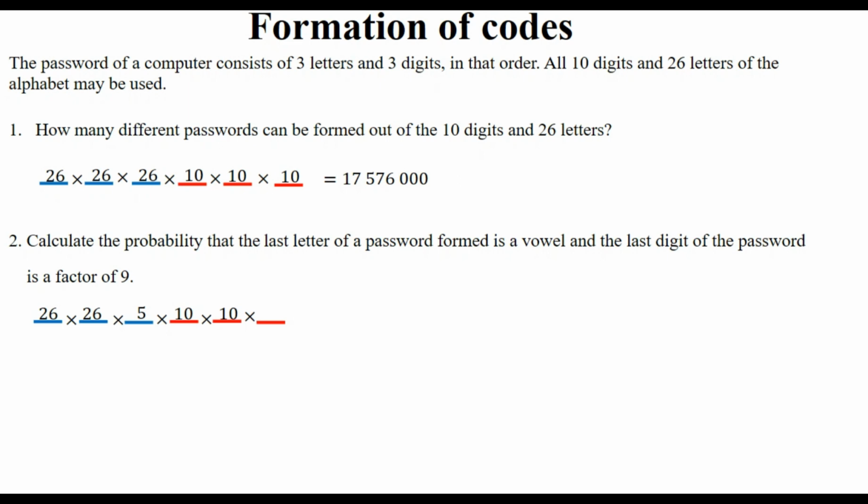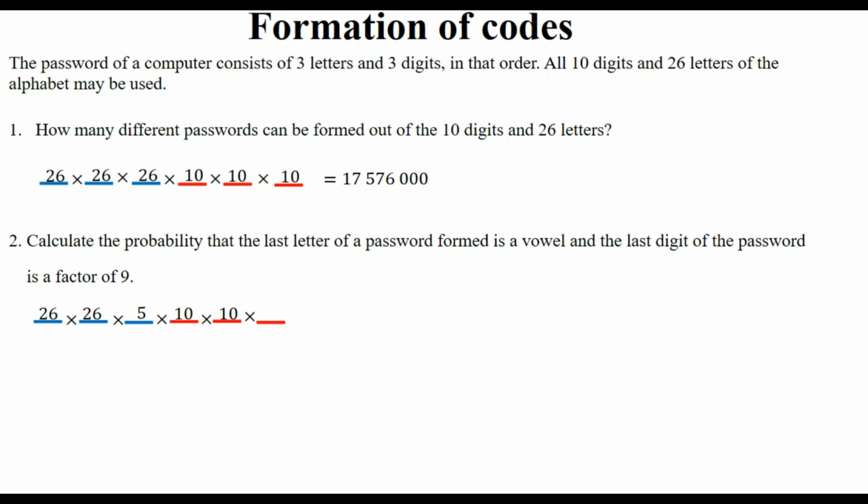Factors of 9 are two numbers that you multiply and then you get the product, which is 9. So what are the factors of 9? When you multiply 1 and 9, you get 9. Then therefore 1 and 9 are the factors of 9. When you multiply 3 by 3, then you get 9. Then 3 and 3 are the factors of 9.